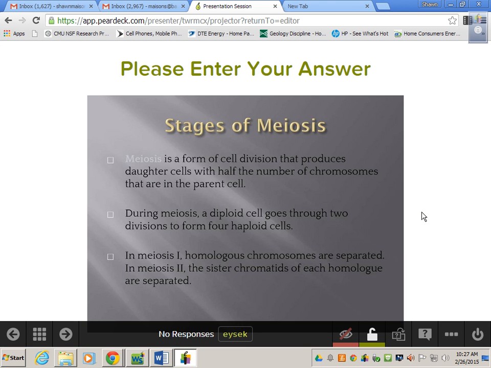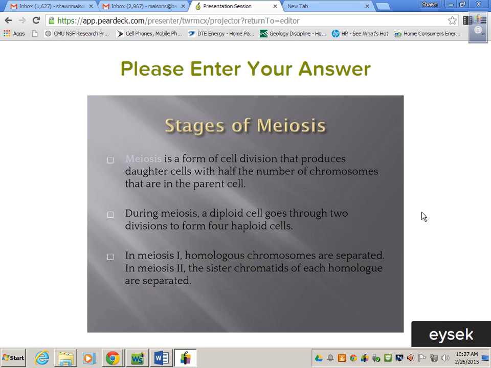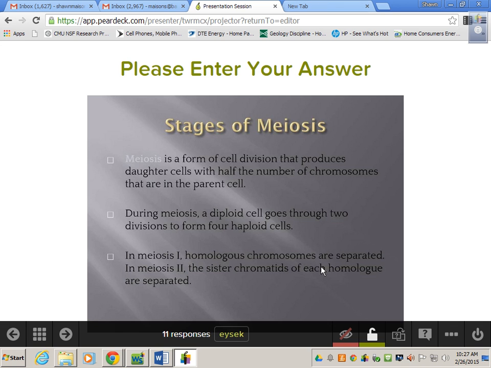Anybody remember the name of those diploid sex cells that go through meiosis? The ones that divide to make gametes. What do we call those? They're not the product of fertilization. That's a hint. What are those diploid 2N cells that we start with to make gametes?